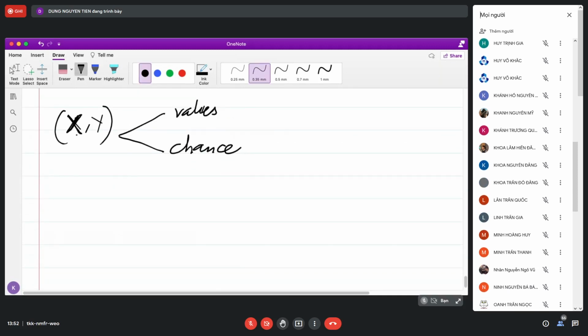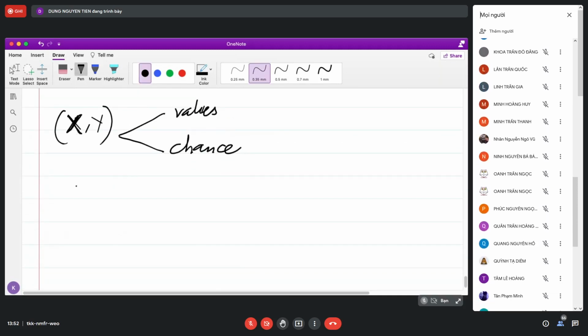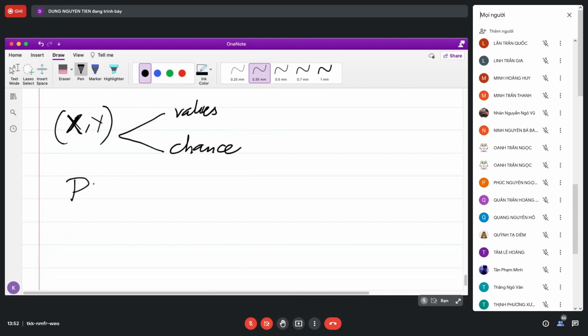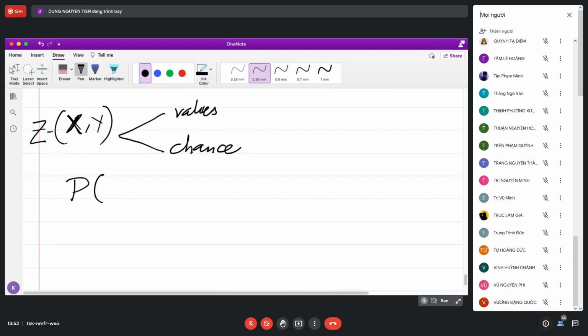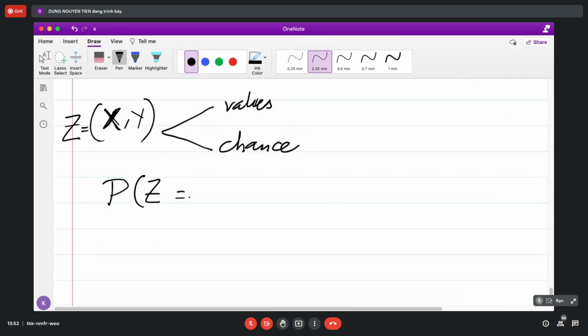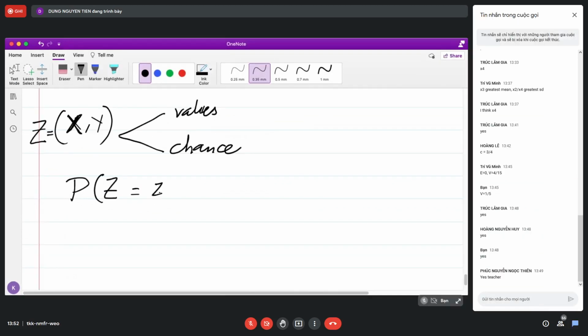And because you get a vector, you need to come up with something like the probability that this vector, let's say Z, is equal to another vector, let's say z0, for example.